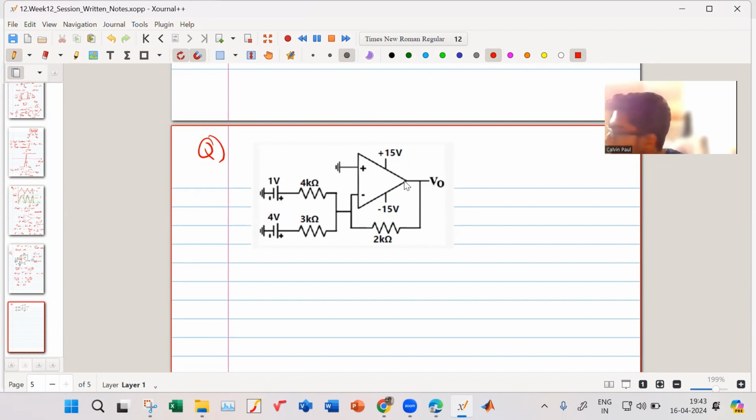Now, how will you solve this? What should I do in this case?